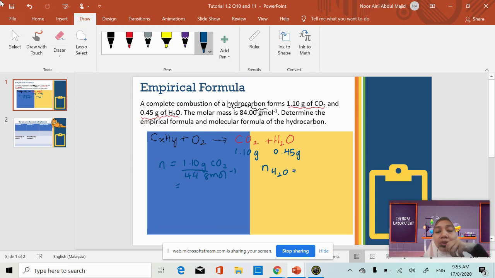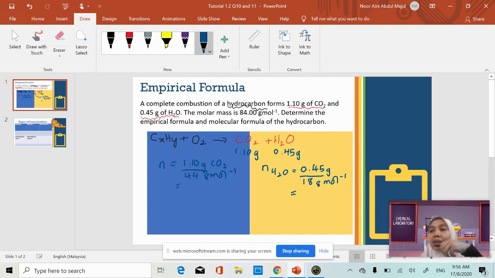Now let's calculate the number of mole of H2O. Why do we need the number of mole of H2O? Because similarly, can we say that the hydrogen here comes totally from the hydrogen in the hydrocarbon? Yes, right? Because there's only one source. Now, again, we have 0.45 gram, mass over molar mass. The molar mass of H2O is 18 gram per mole.